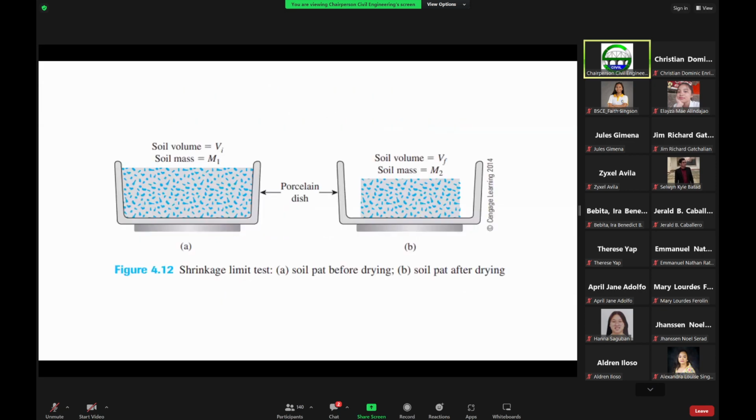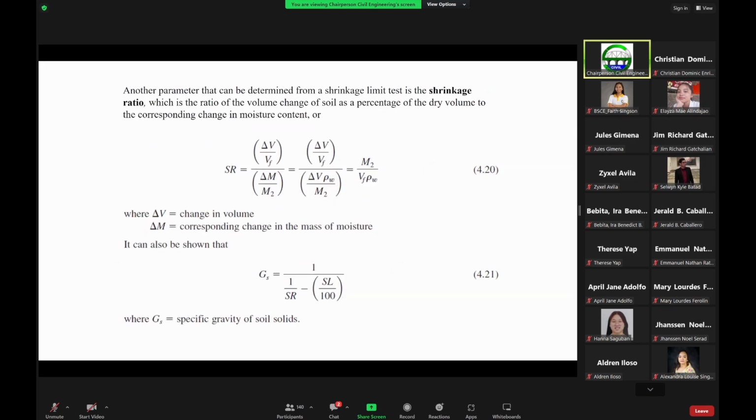Another parameter that can be determined in doing the shrinkage limit test is what you call the shrinkage ratio, which is the ratio of the volume change of soil as a percentage of the dry volume to the corresponding change in the moisture content.